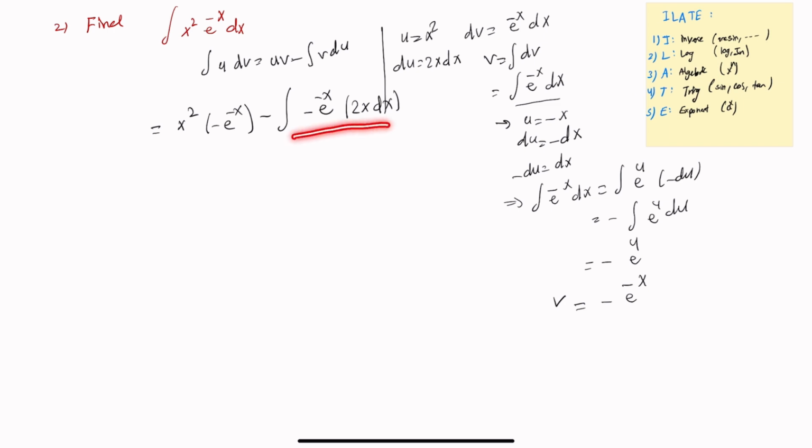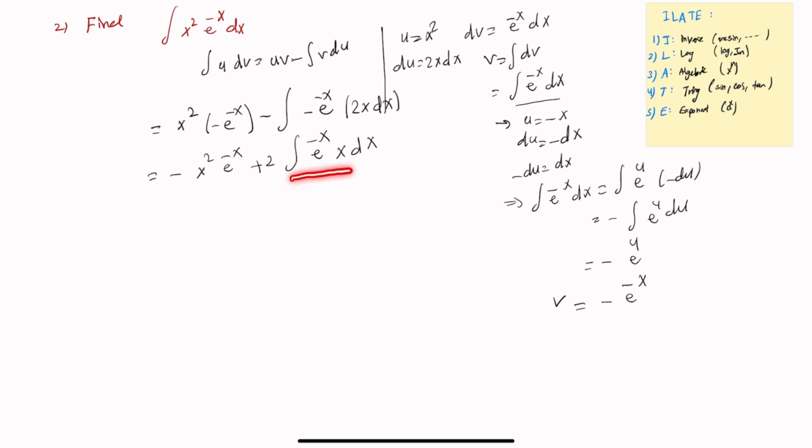For this integral, I'm going to pull the minus sign and the 2 out. So that's going to be equal to minus x squared e to the minus x, and then plus, since minus with minus is positive, 2 times the integral of e to the minus x, and then x dx.